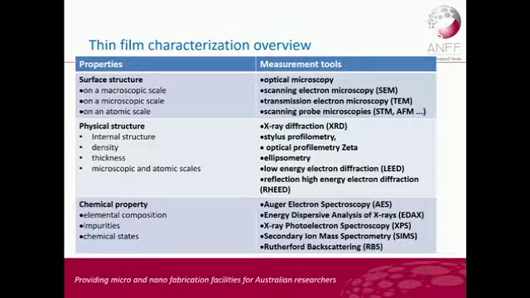And for physical structure, we can use a stylus or optical profiler, and X-ray and ellipsometer to look at it, especially for some optical properties. And the chemical property is you need to look at the different composition in the film.